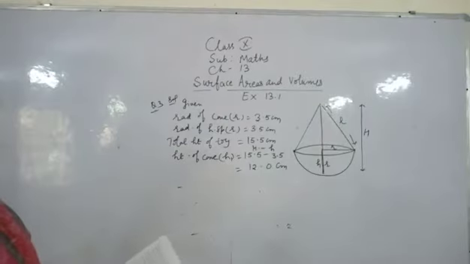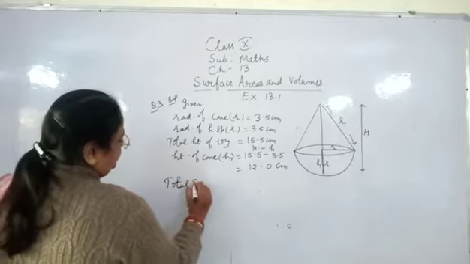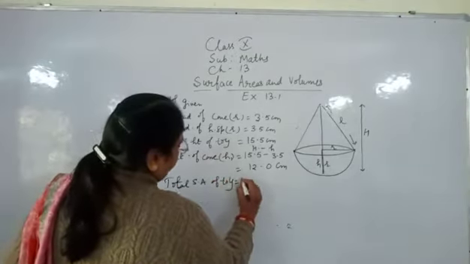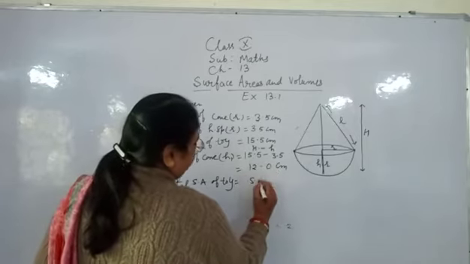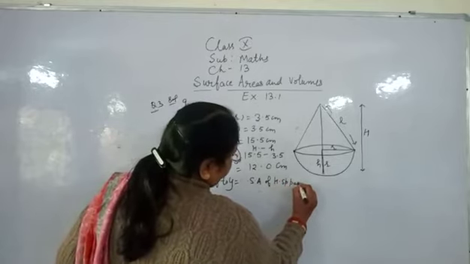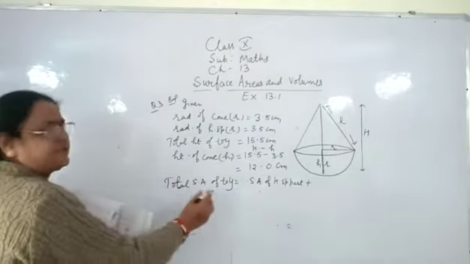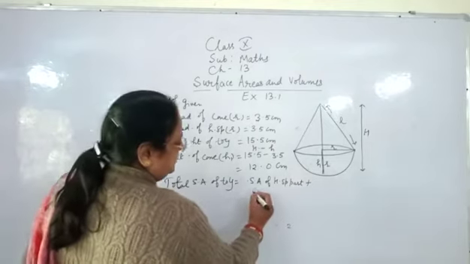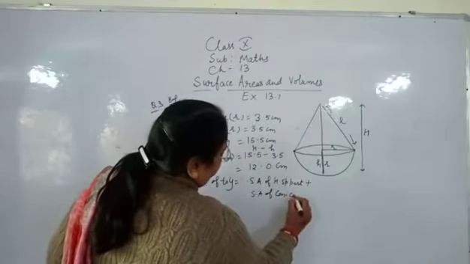Now we have to find out the total surface area of the toy. So write down here: total surface area of toy is equal to the surface area of the hemispherical part plus the surface area of the conical part.